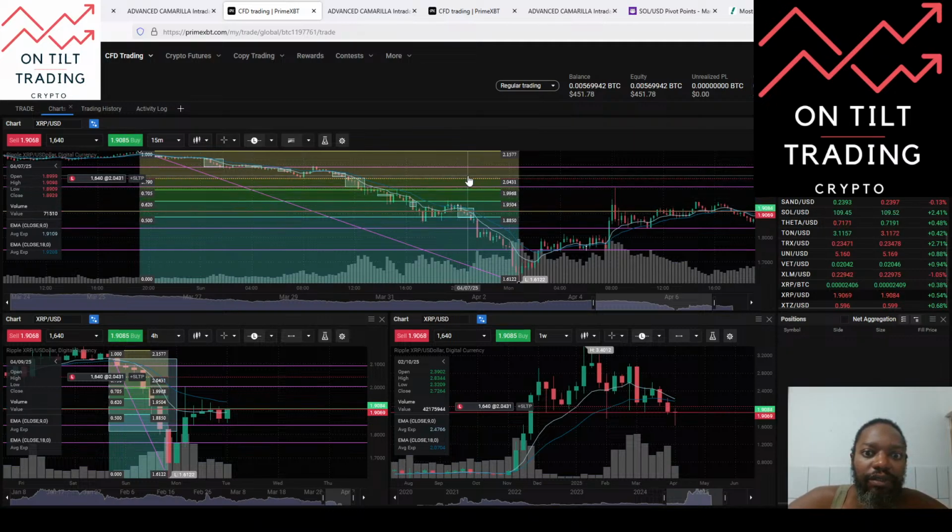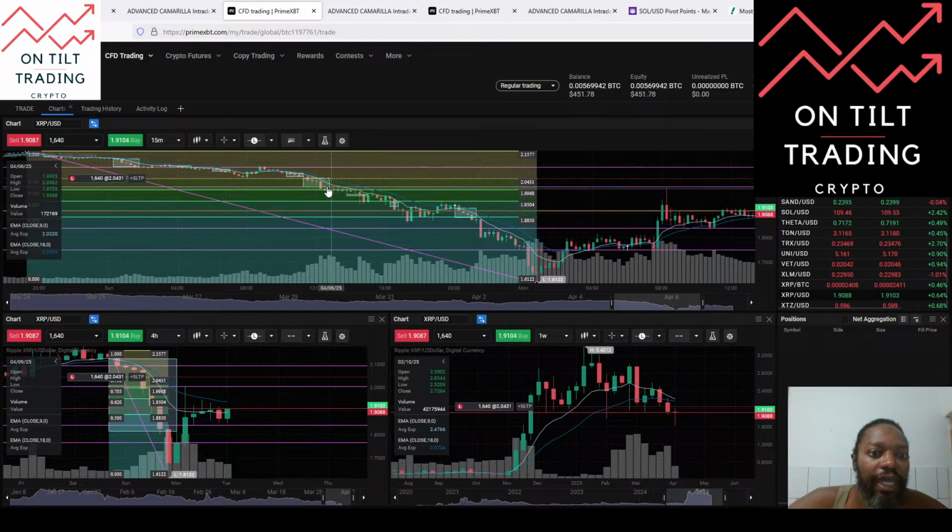So debating on whether or not I wanted to move this entry back as well to in between a different gap here. So instead of being here in this gap here, trying to hit my numbers, just trying to line up my entry with these fair value gaps.